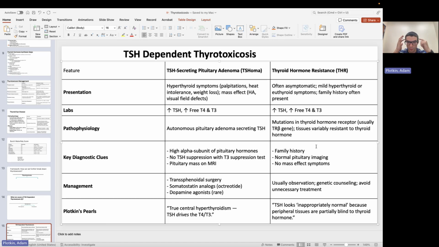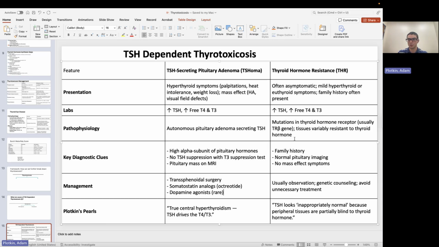The problem is those receptors that are responding to T4, T3 aren't totally working correctly, right? So your anterior pituitary and hypothalamus don't see this high level of T4 and T3 because the signal's not being sent properly from the T4, T3 binding to those receptors. That signal doesn't get sent properly. So your body, your brain, your hypothalamus and anterior pituitary think you have very low amount of thyroid hormone, so it keeps secreting more TRH and TSH.